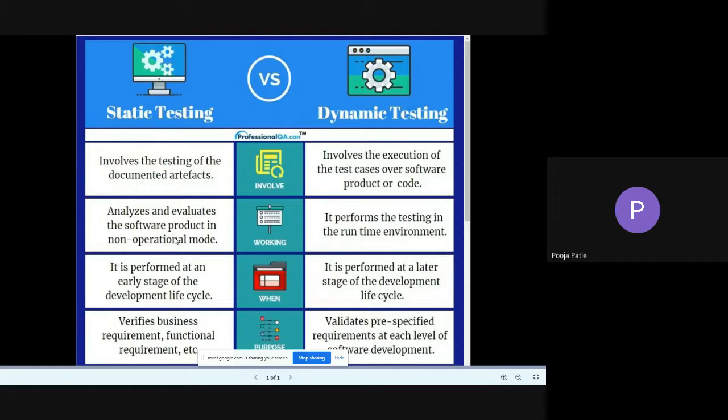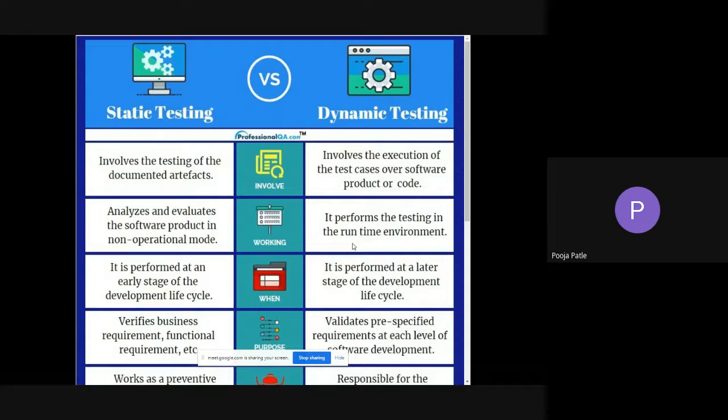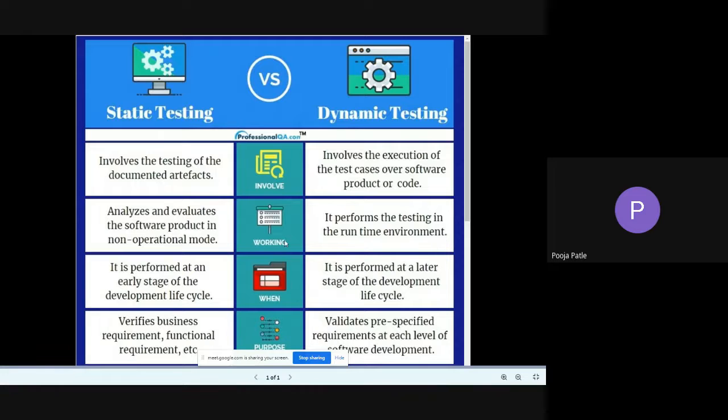Static testing analyzes and evaluates the software product in a non-operational mode, whereas dynamic testing performs the testing in the runtime environment. This is the working of static and dynamic testing.